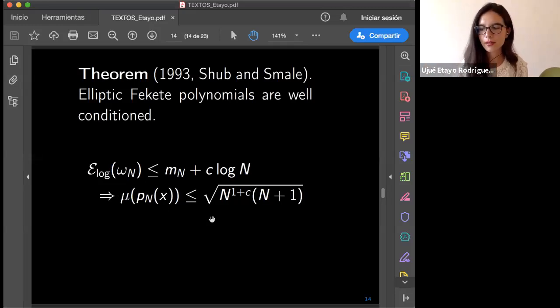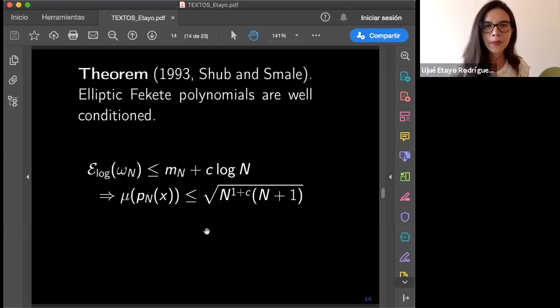This omega and this Pn are related by this stereographic projection: sphere, projection, take my polynomial. So there is a bijection between my set of points and my polynomials. All right, so namely, if the logarithmic energy is small enough, then the condition number is small enough.